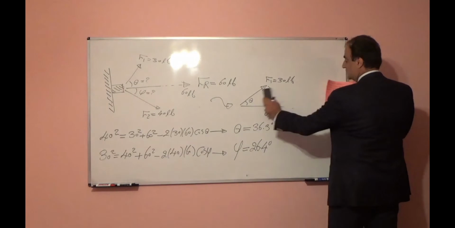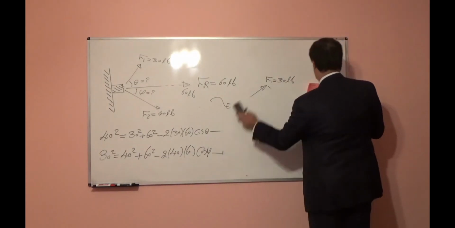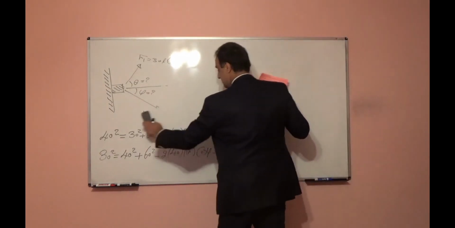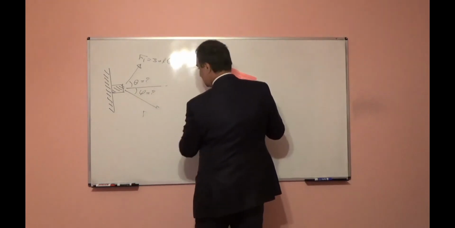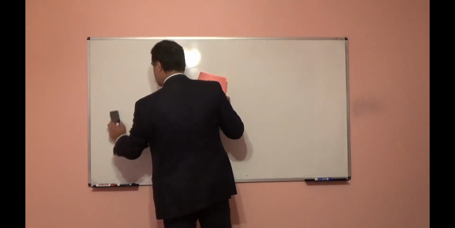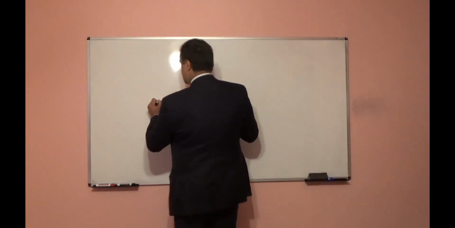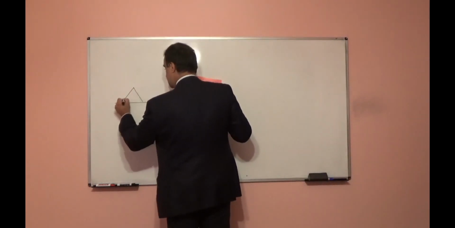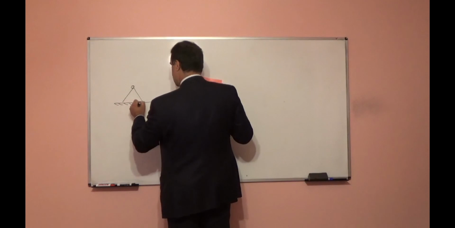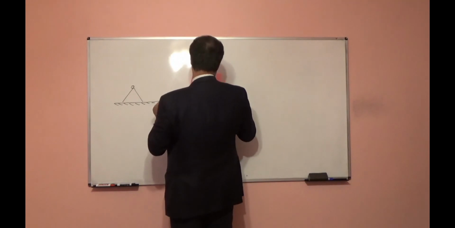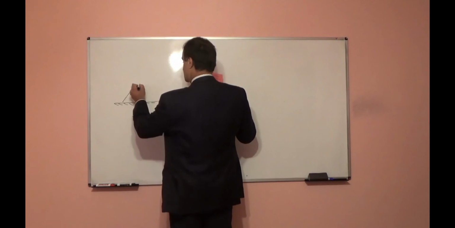Let's look at the first problem statement. There is a support. This support is on ground level, like this, a horizontal support. This support is subjected to 3 different forces.